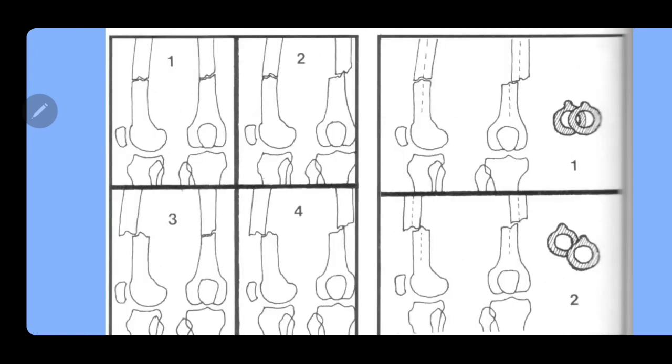So if we're talking about fracture treatment, most fracture displacement types should be corrected, especially gross displacement. First of all, you should correct angulation, you should correct the length of the limb, you should correct rotation. And if possible, you should correct the shift of bone fragments.